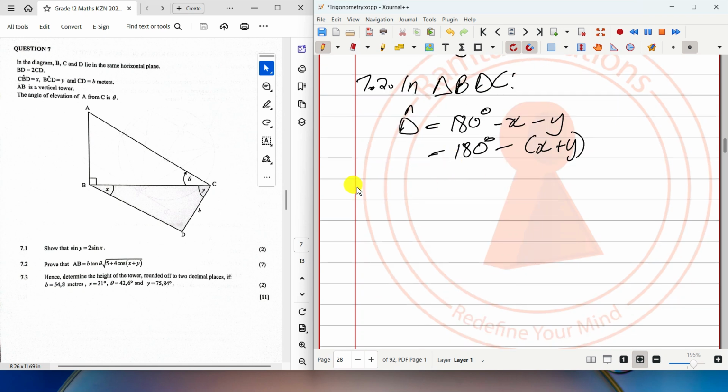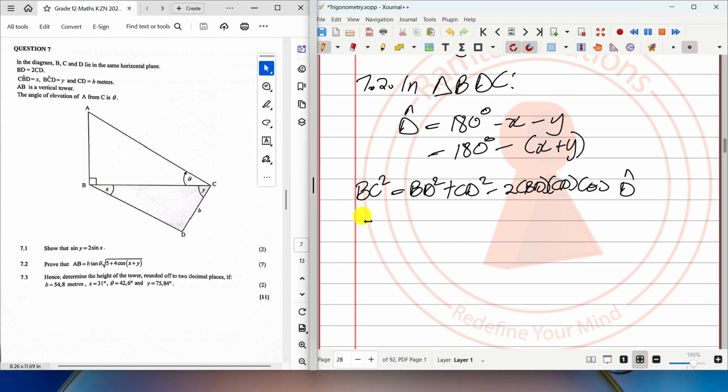Now, using the cosine rule, BC squared equals BD squared plus CD squared minus 2 times BD times CD times cos angle D.